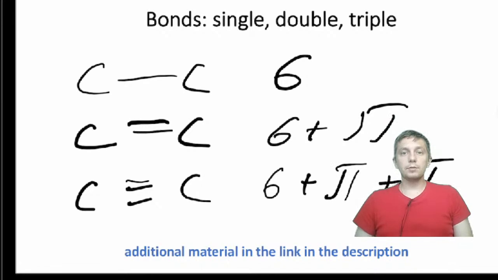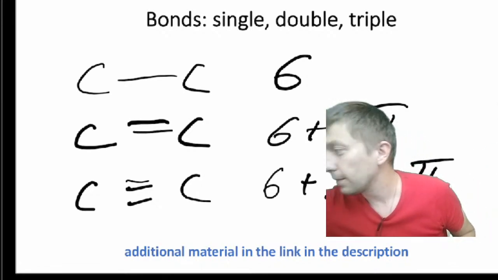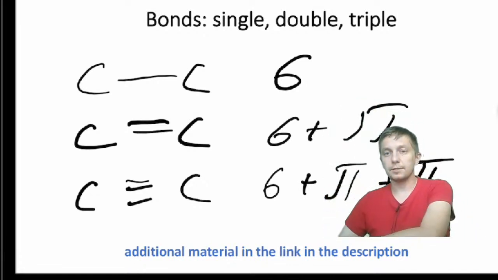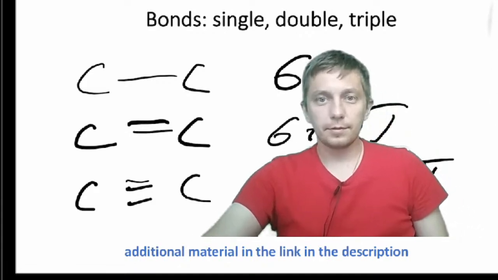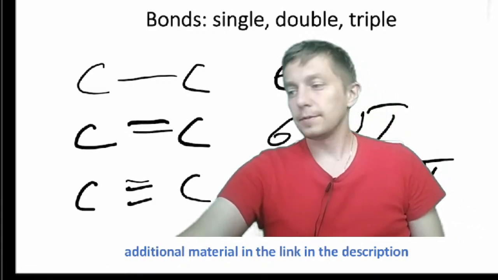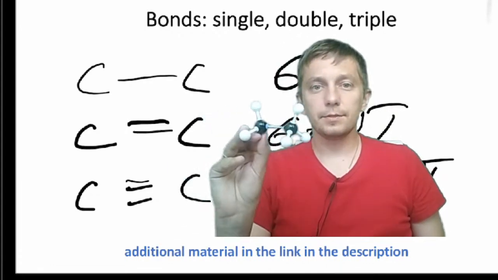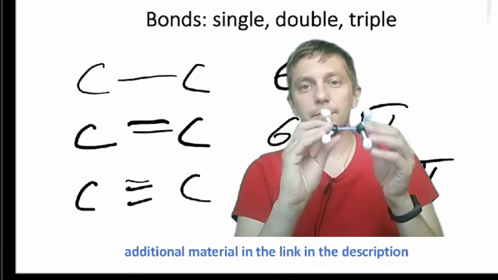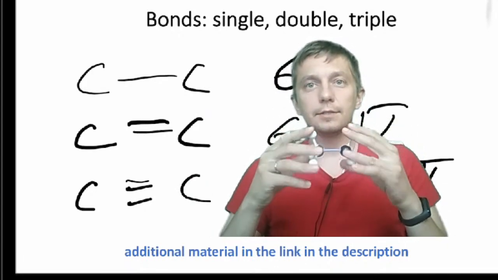For modeling all these bonds, I use a 3D model. It's physically quite accurate, especially for our case. A single bond is sigma, and it can rotate.